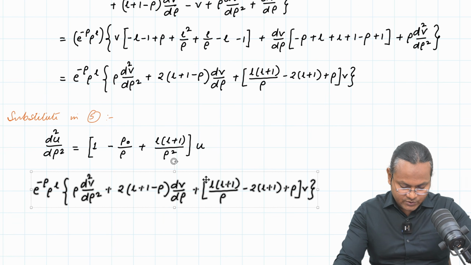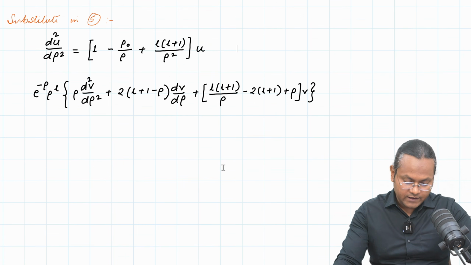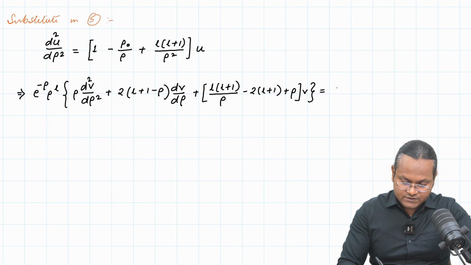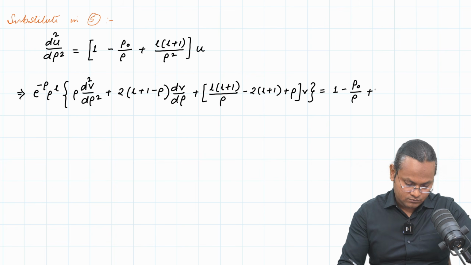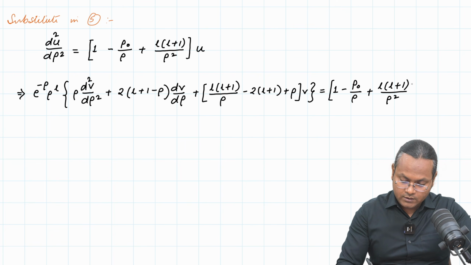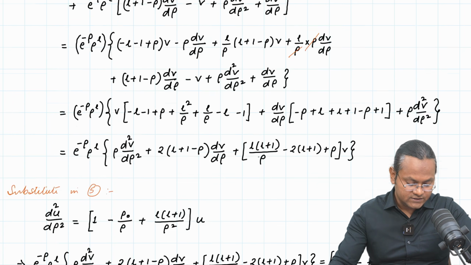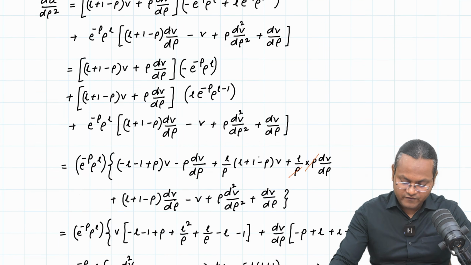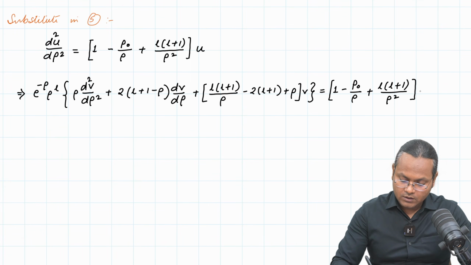And the right hand side, we have equals 1 minus rho naught upon rho plus L plus 1 upon rho square. And you have u, we have considered to be e to the power minus rho, rho to the power L plus 1 times v.